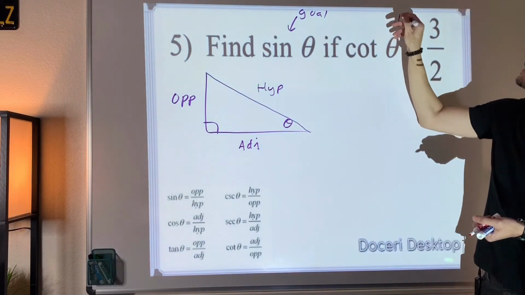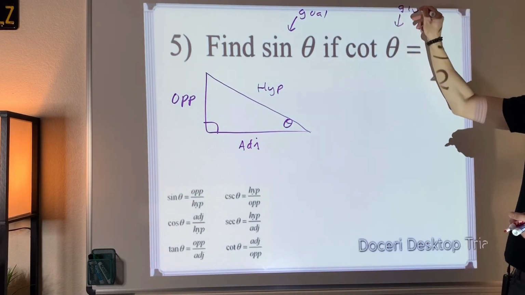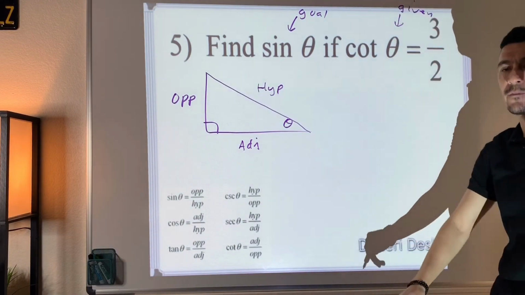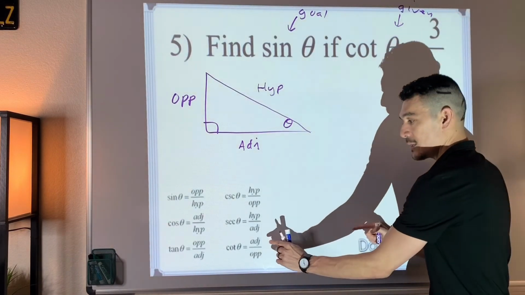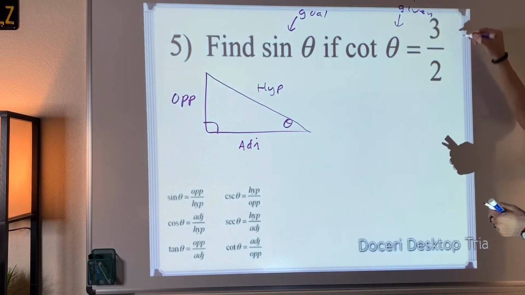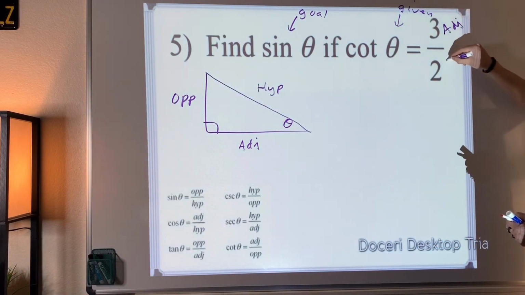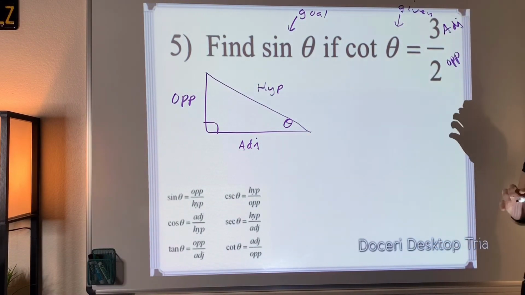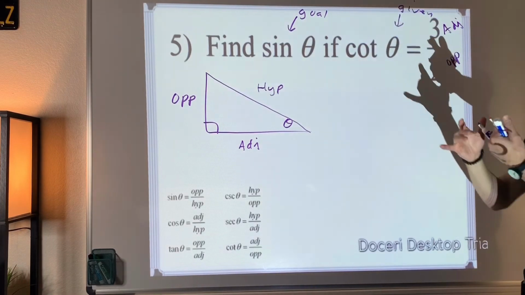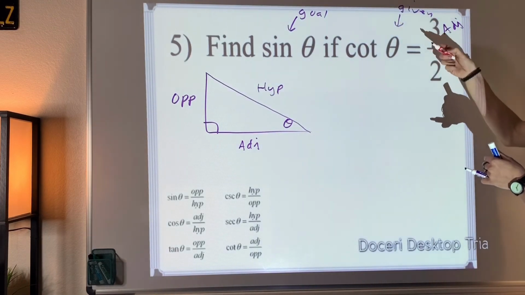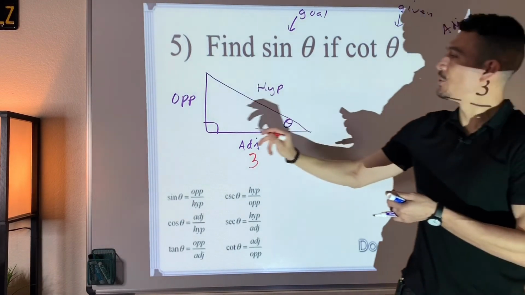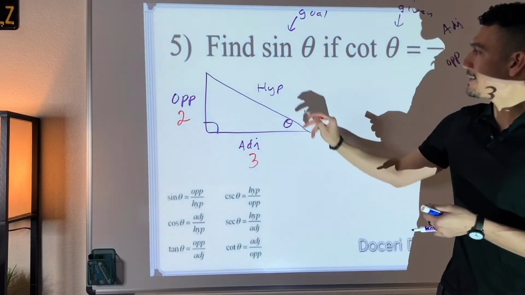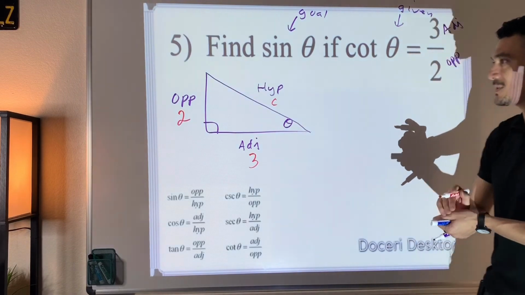And this is what's given to us for free. Cotangent is given for free, but cotangent is adjacent over opposite. So this is your adjacent, and this is your opposite. So let's update this picture. So my adjacent is 3. My opposite is 2.